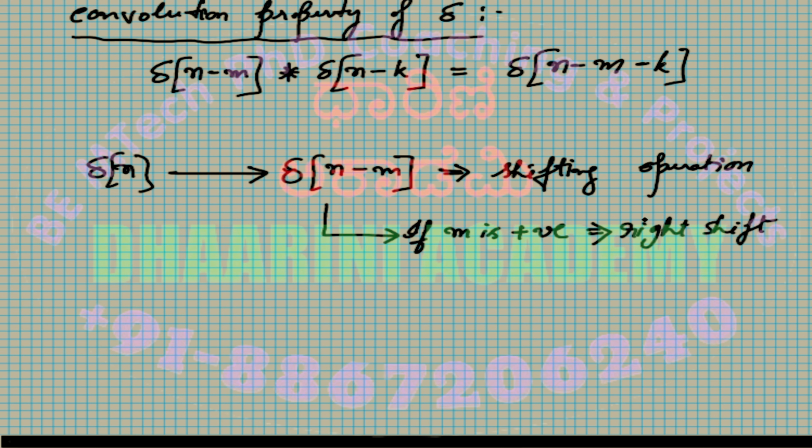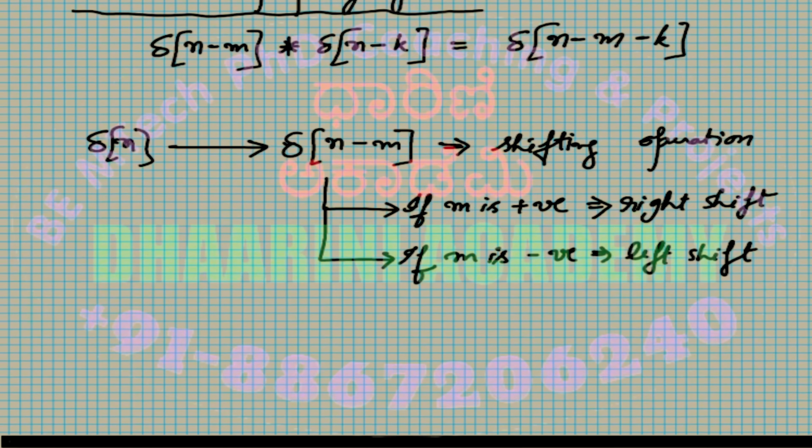I'm shifting the signal function to the right. At the same time, if m is negative, then that is a left shift. Let me show you quickly, let's go through that.